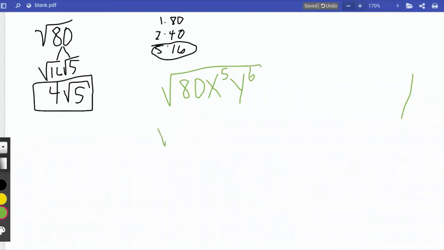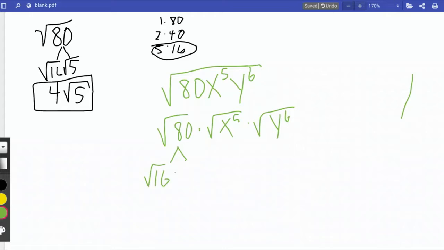We can split this up into the square root of 80 times the square root of x to the 5th times the square root of y to the 6th. So we broke up the square root of 80 into the square root of 16 times the square root of 5. The reason we picked 16 is because that's the square root of 4 times 4, which is 4 squared.